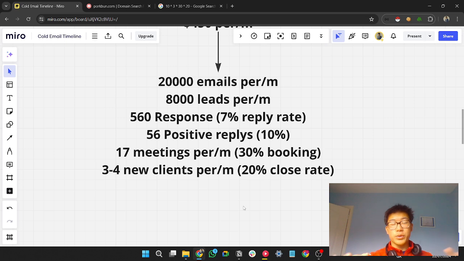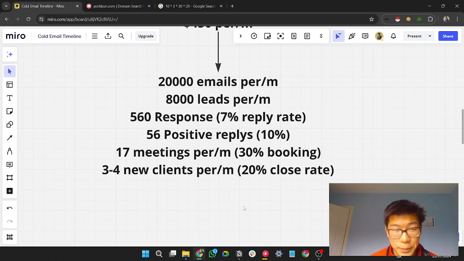From here, you have a 30% booking rate. That's pretty good. If you follow best practices and have a 30% booking rate, you're doing quite well. I've had 50% booking rates at times. You can push the numbers, so this is low. You have 17 meetings per month from this, from $450.